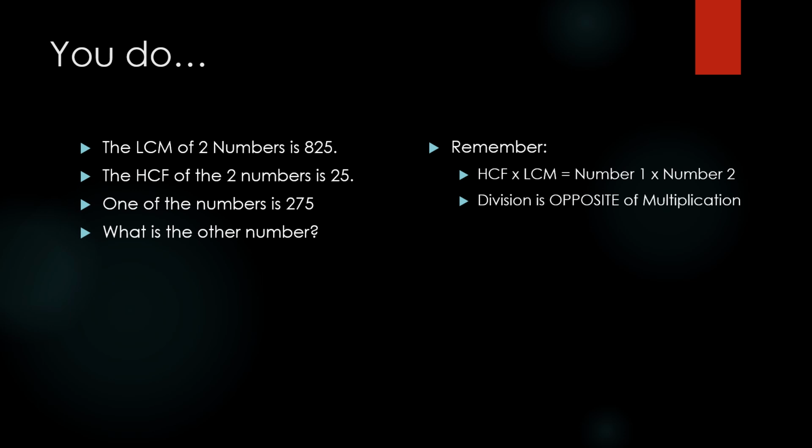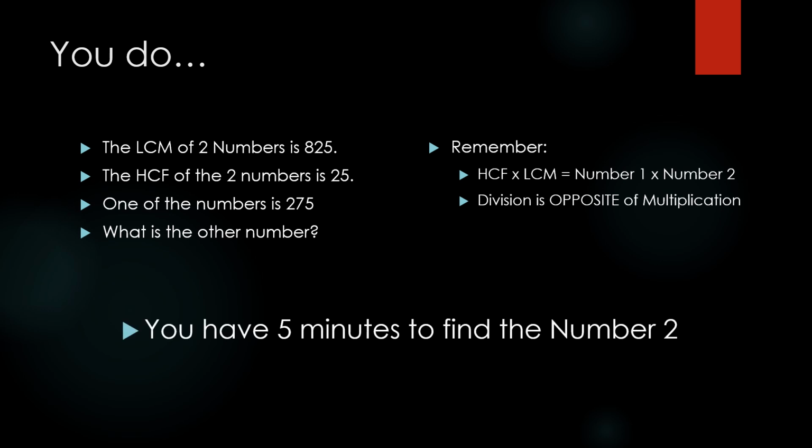And division is the opposite of multiplication. You will follow these rules and you will have 5 minutes to find number 2. You can pause the video as you are working on the problem. Once you are finished, you can come back and start watching the video again. You can pause the video now.